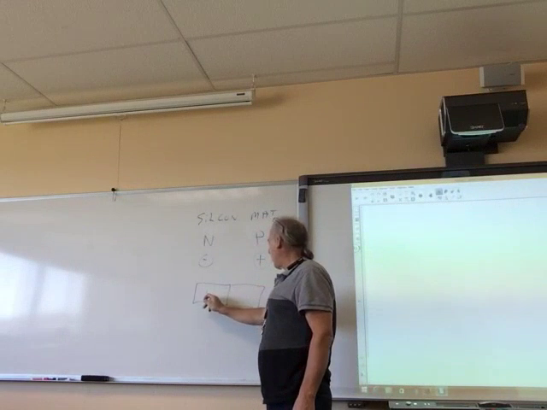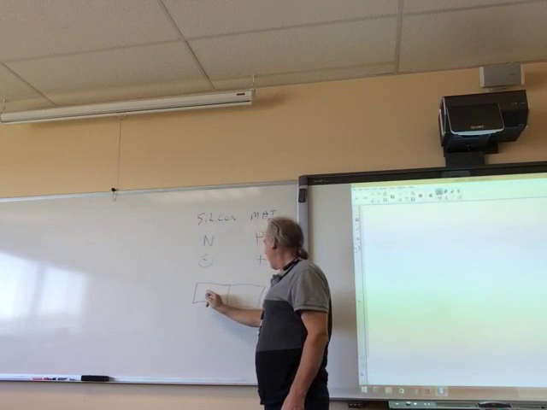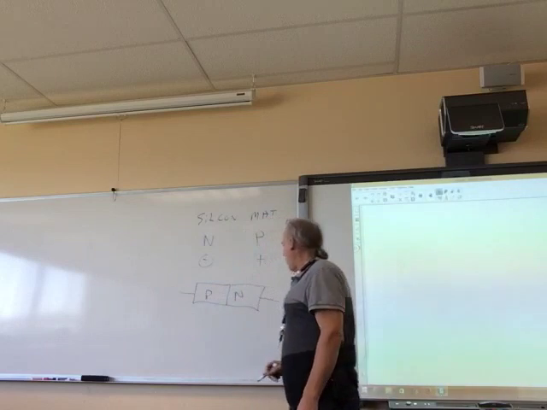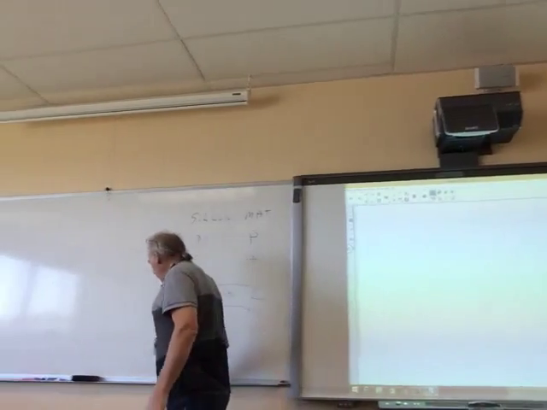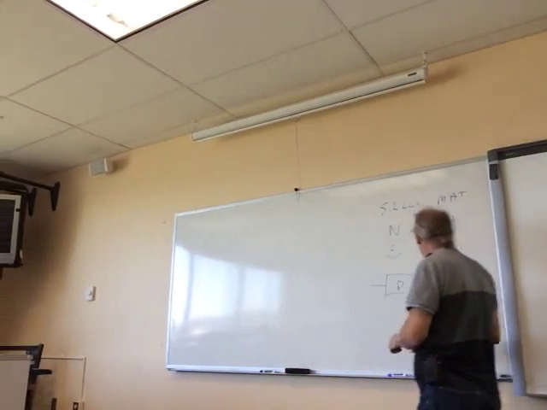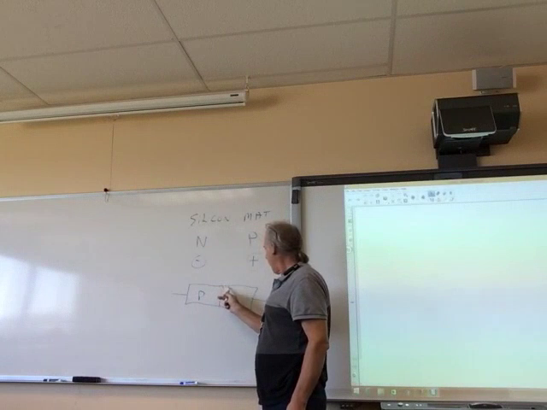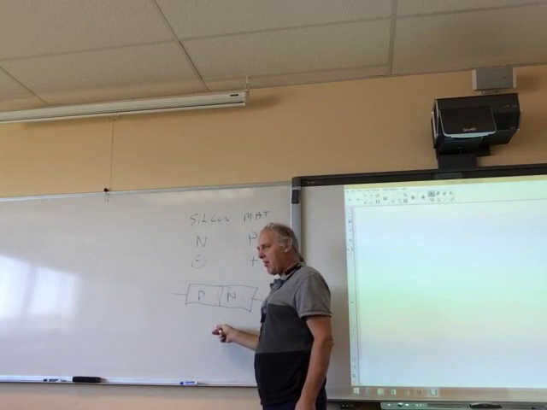what's called a diode. Oh, let's do this the other way. We'll put a wire on each side, and we will mate them with a barrier right here. And this will be called the depletion layer.